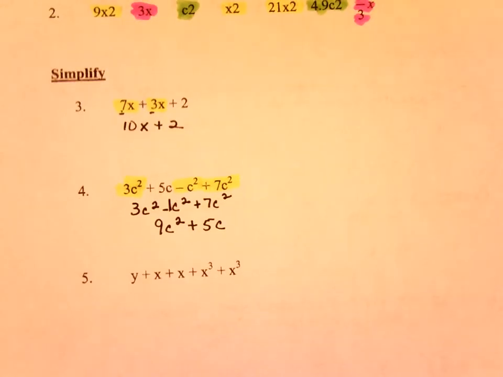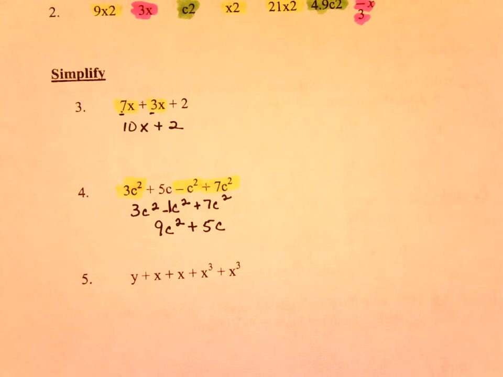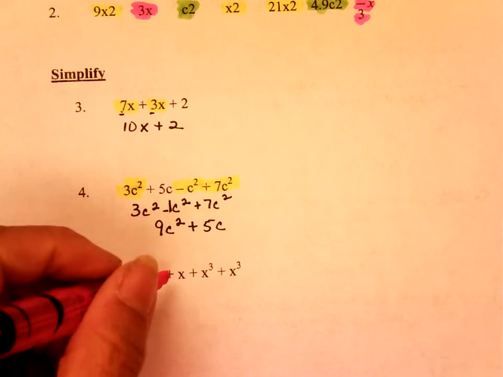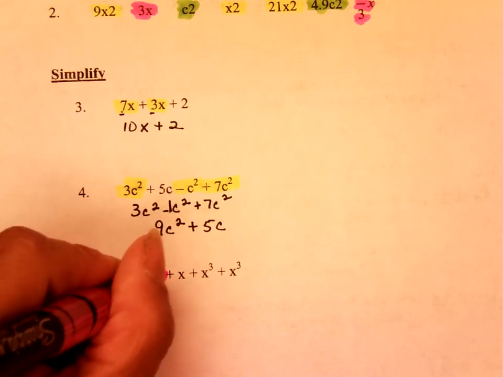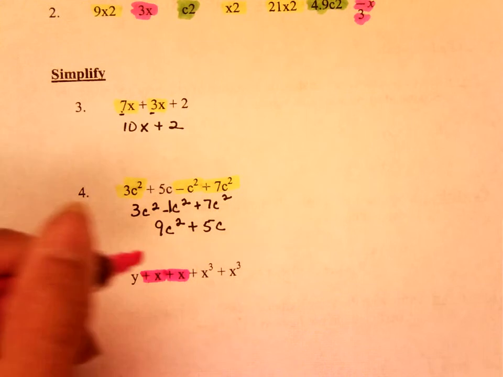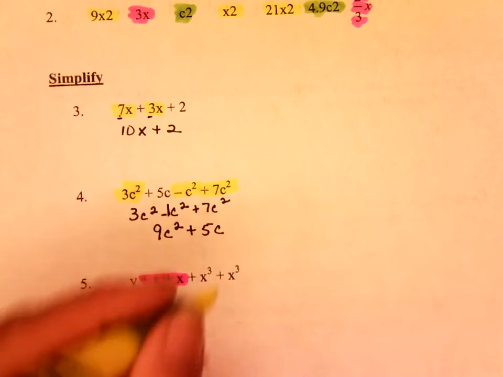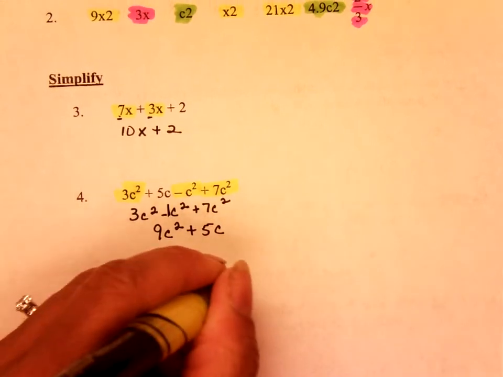Okay, try number 5 on your own, and when you're ready, push play. Well, I'm not going to highlight the y because there's only one y. So here I'm going to highlight the x, another x. This is x to the third, so I'm not going to highlight that. I'm going to highlight those in a different color, x to the third and x to the third.